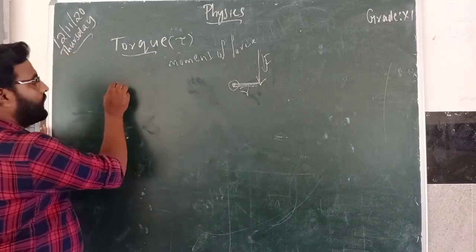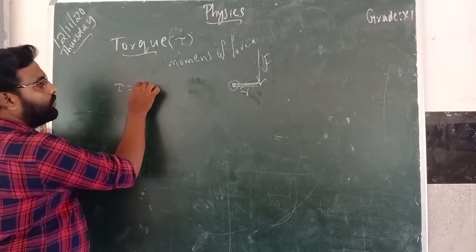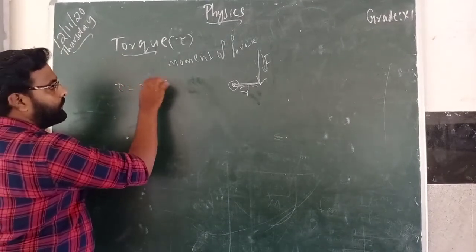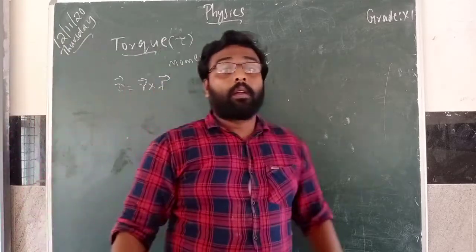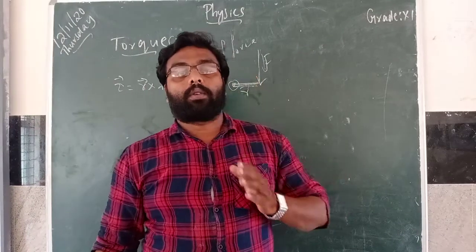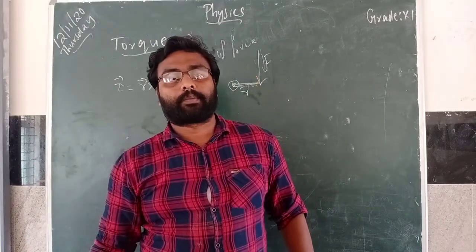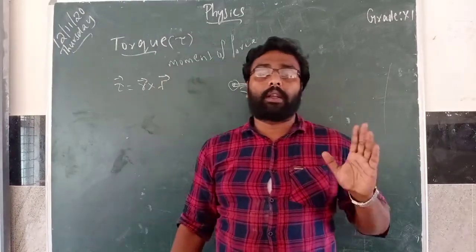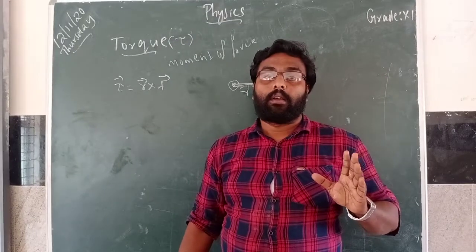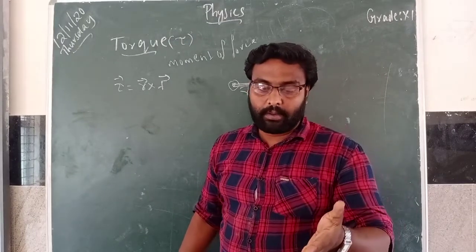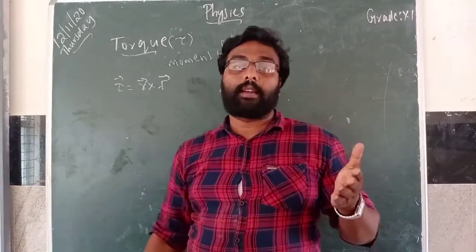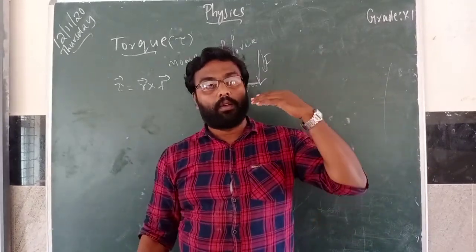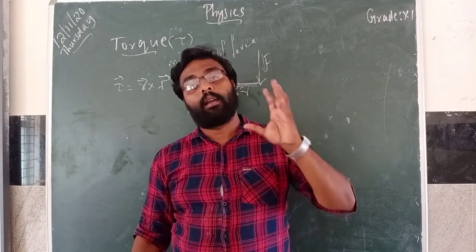From this example, you can write the formula. Torque is equal to R cross F. Vector. Scientifically, there is a definition in the textbook, page number 217. It is defined as the moment of an externally applied force at a point.